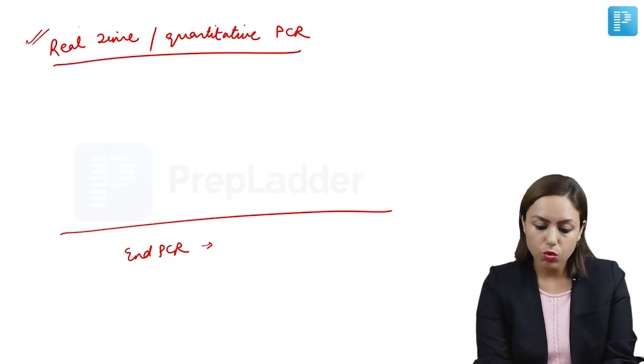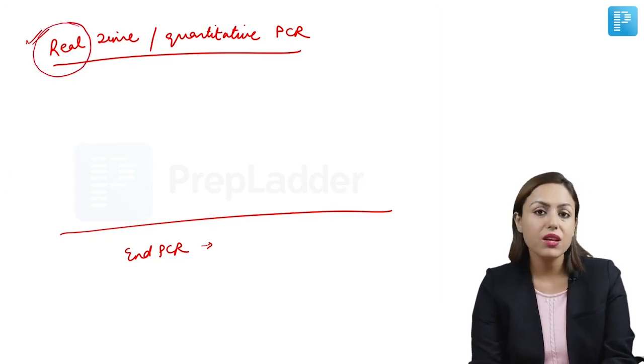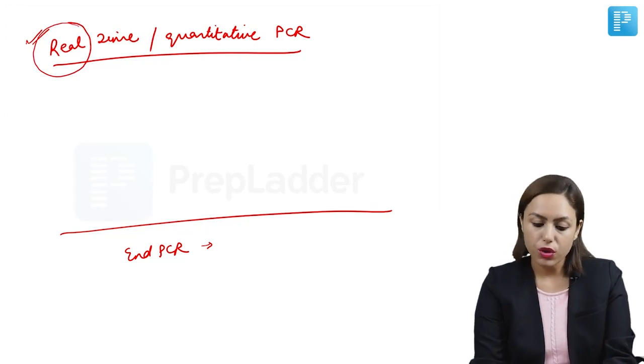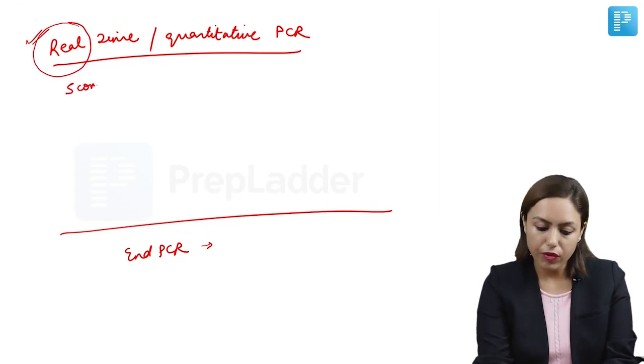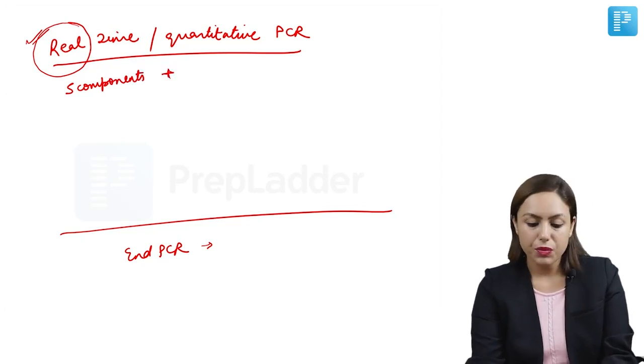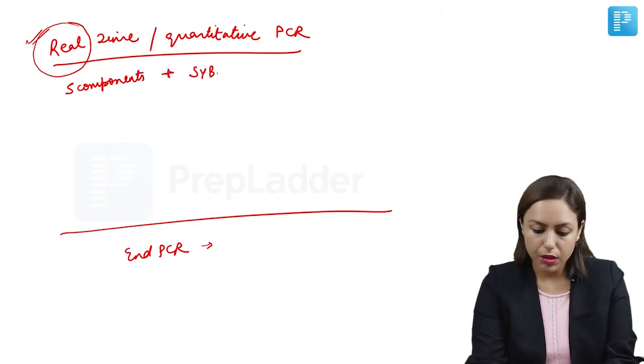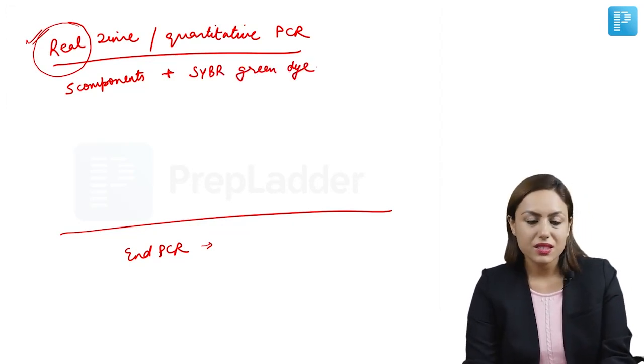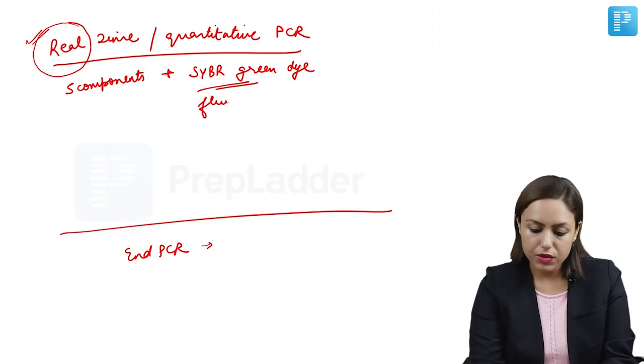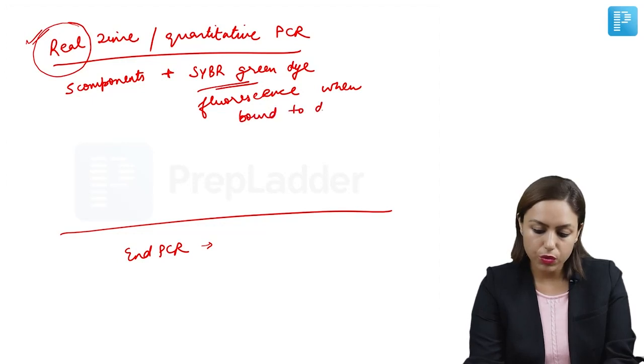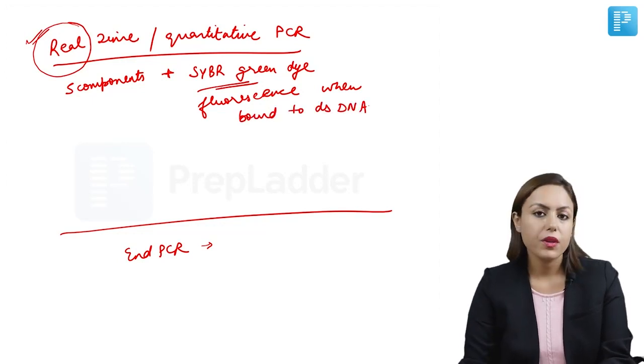This can tell the quantity of DNA in real time during PCR, because in addition to the 5 components required for PCR, this PCR also uses SYBR Green dye. This SYBR Green dye gives fluorescence when it is bound to double-stranded DNA.